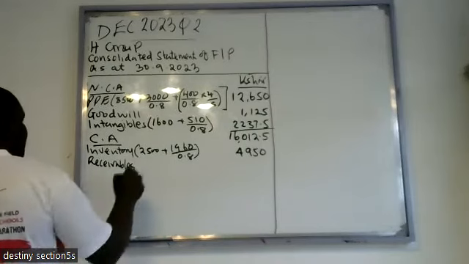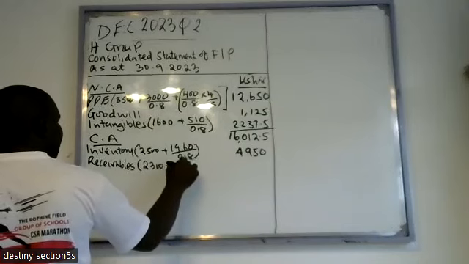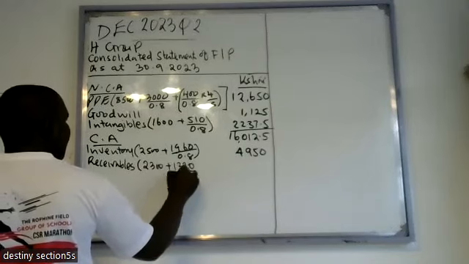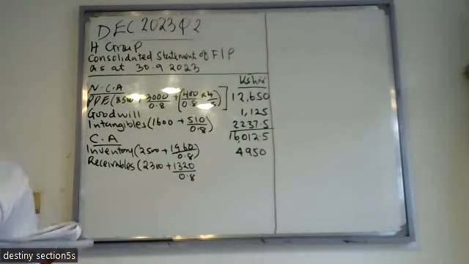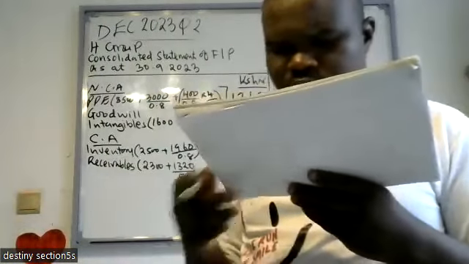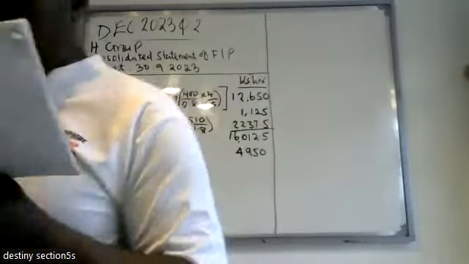Receivables, 2,300 plus 1,320 divided by 0.8. What about the issue of 180? That is the intergroup one. Check additional information number 3.